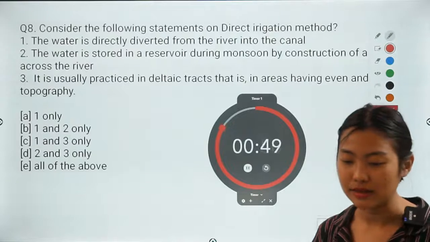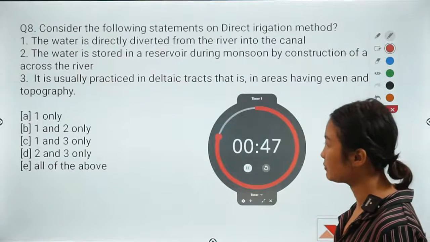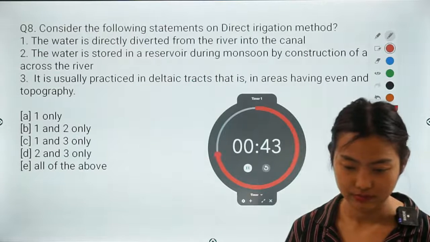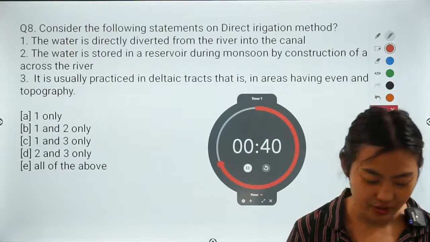Yes, check basin is also a mostly used and practiced type of irrigation. I think we need to give a heads up for Nilesh.